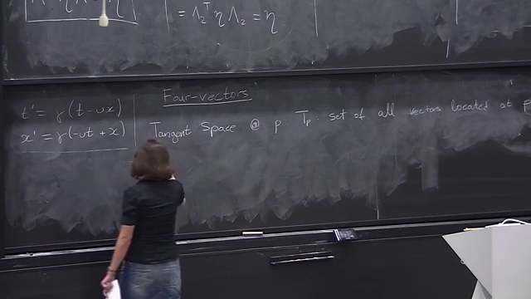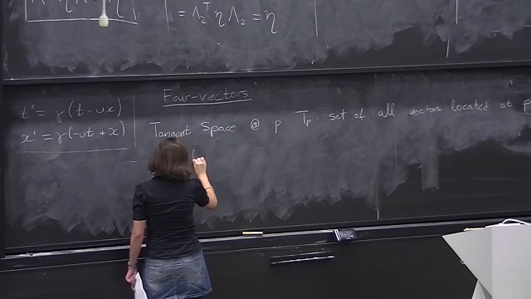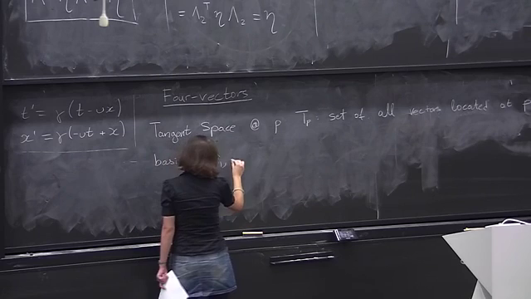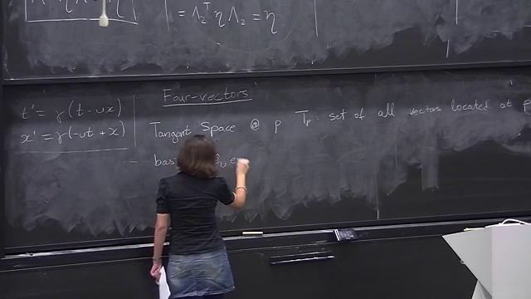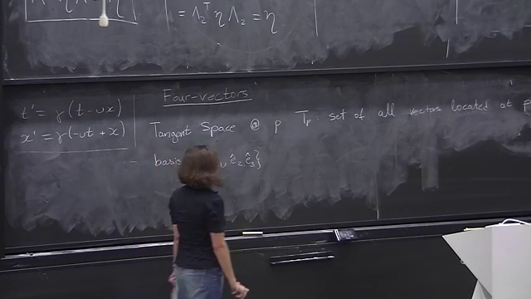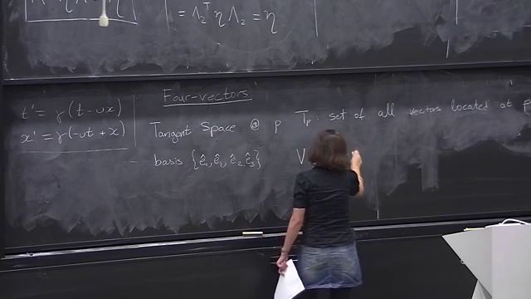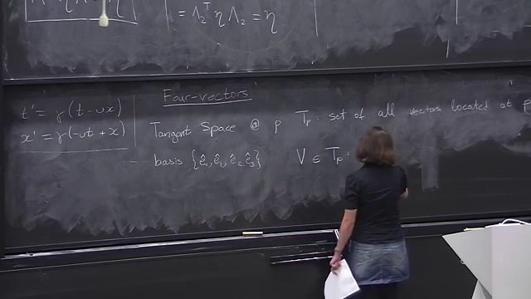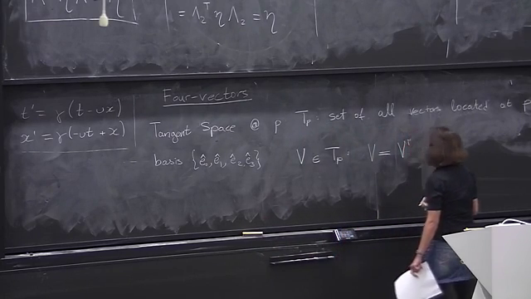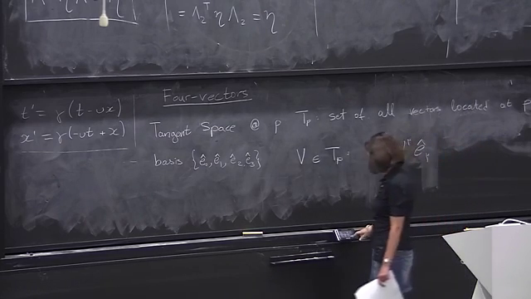And I can define a basis for this vector space to consist of 4 vectors, e0, e1, e2, and e3, so that every vector inside this tangent space can be written as a sum over mu of v^mu e_mu.